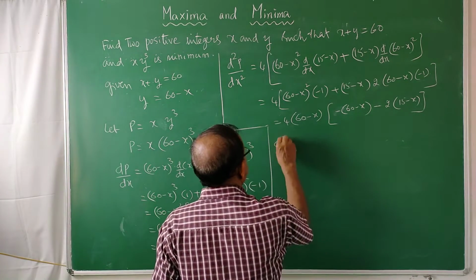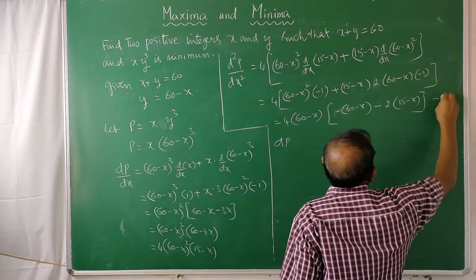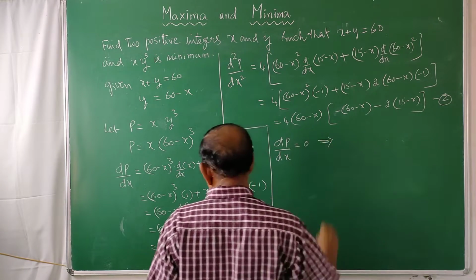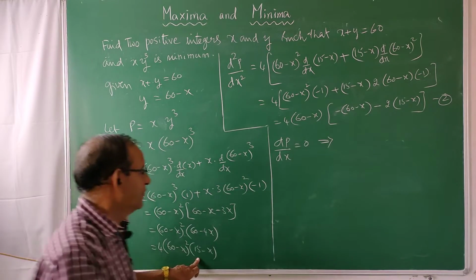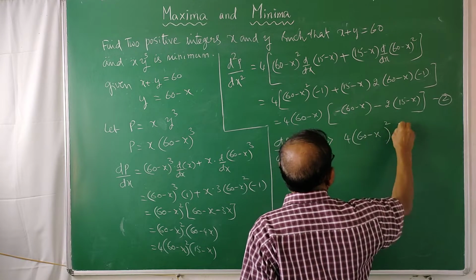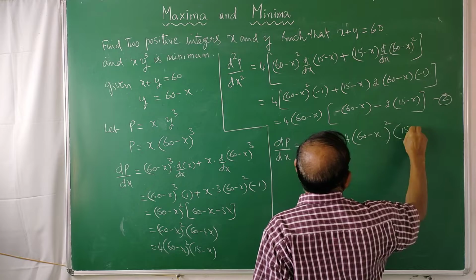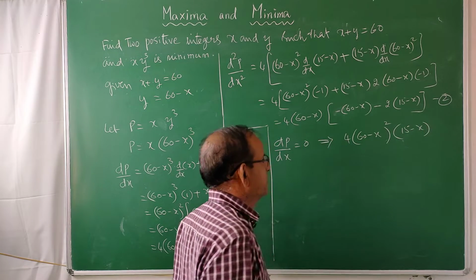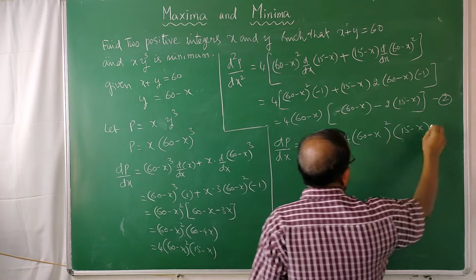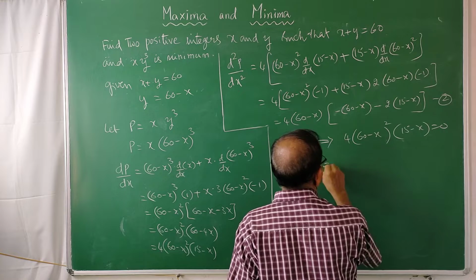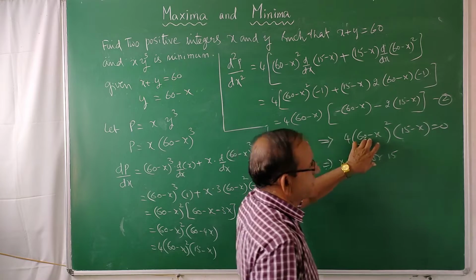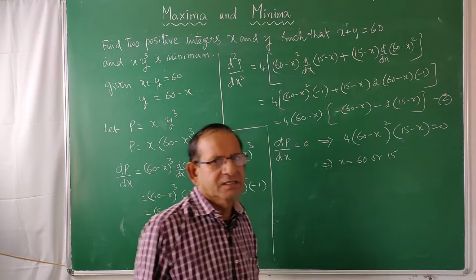So dp by dx is equal to 0 implies 4 into 60 minus x whole square into 15 minus x is equal to 0, that implies x is equal to 60 or 15, two possibilities. If the first bracket is 0, x is 60; if the second bracket is 0, x is 15.